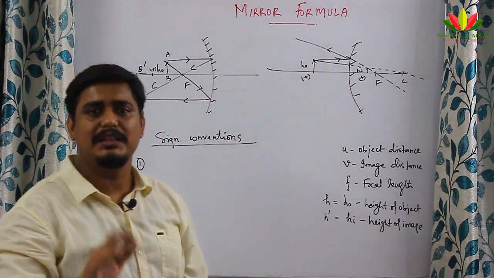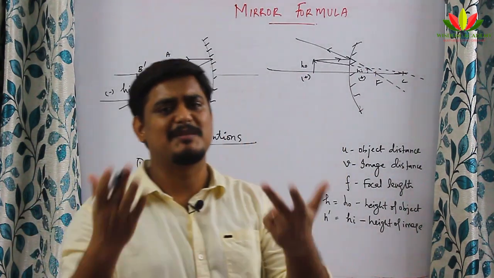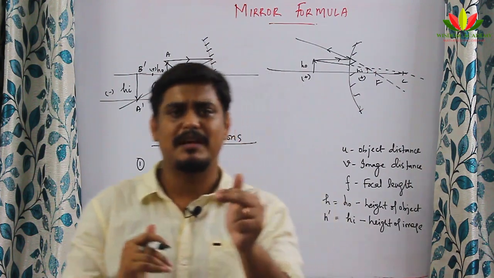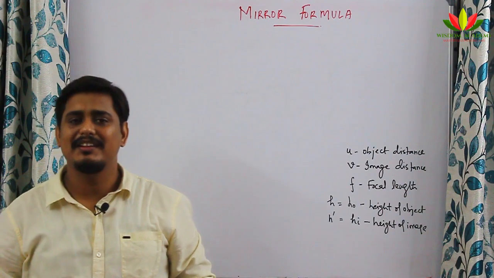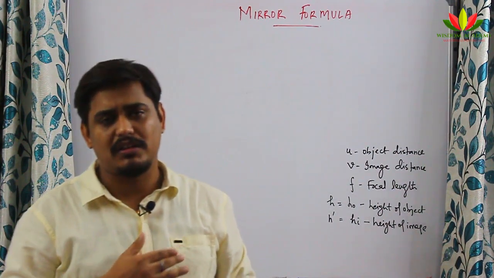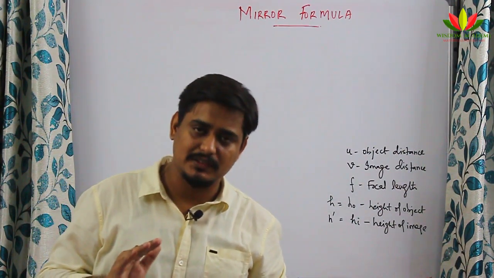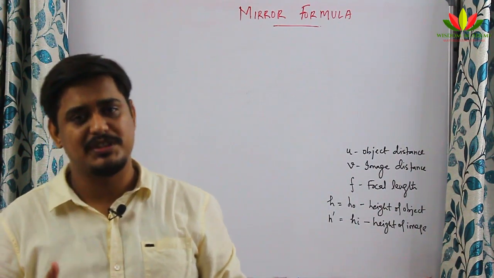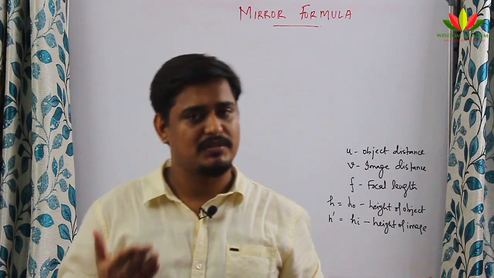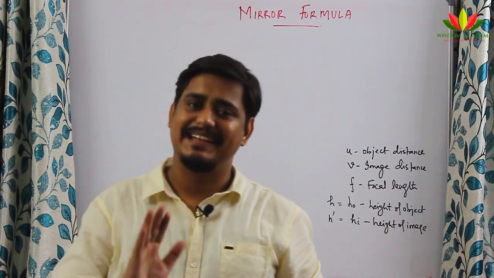We just want to see which heights are above the principal axis, take them positive, and below the principal axis, take them negative. So we have learned from the sign convention that all the distances measured along the direction of the incident ray are taken as positive, and against the direction of the incident ray are taken as negative. All the heights measured above the principal axis are taken as positive, below the principal axis as negative.